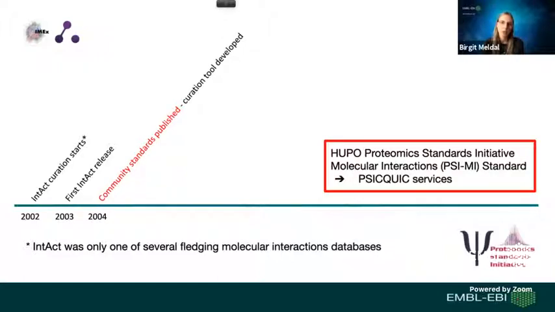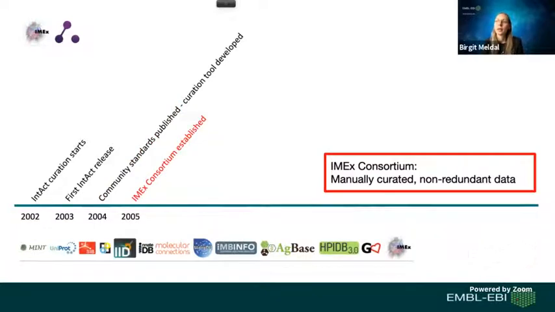But they still had to download a separate file for each resource. It is still existing, it is one interface, and it can also be used programmatically. So from there on, the community was set up in terms of standards, but the curation was still independent.